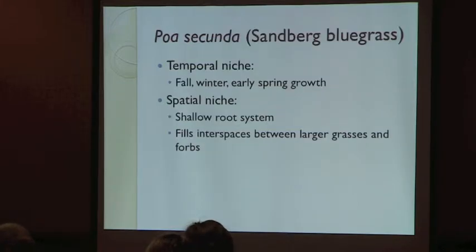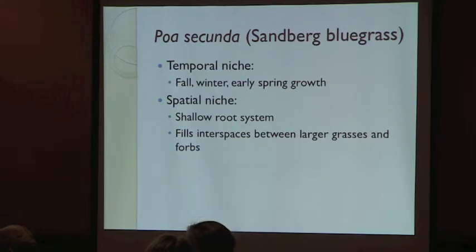So I want to discuss a little bit about why Poa secunda is an awesome model species to use. First of all, it's extremely ecologically important, both here, all through the shrub steppe, basically all through the west. A strong reason I'm interested in it and others are interested in it is that it has niche overlap, very much the same niches as cheatgrass and other annual invasive species.